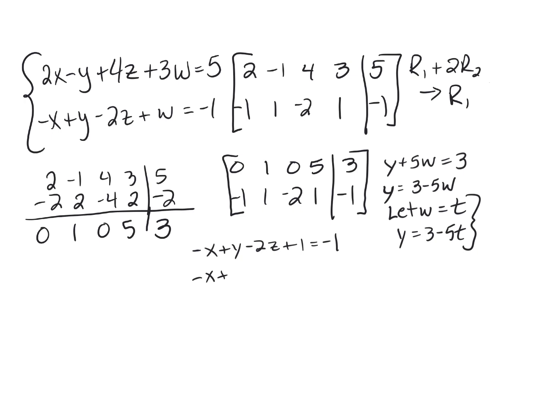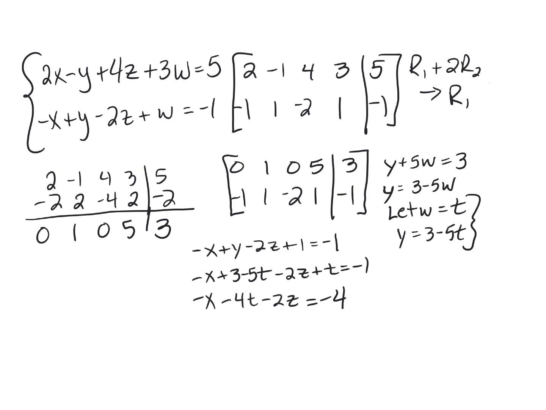Learn how to catch yourself. y is 3 minus 5t, and then minus 2z plus w will be plus t equals negative 1. Make it pretty. 3, I'm going to subtract from both sides. So negative 1 minus 3 is a negative 4. Negative 5t plus t is minus 4t. I'll leave it here for now. Minus 2z.